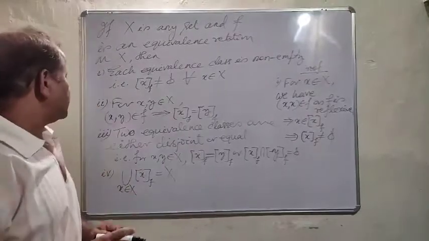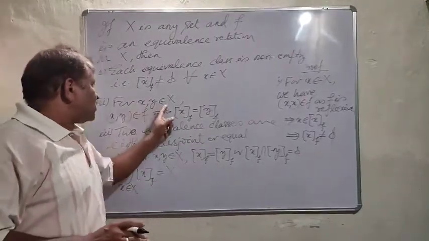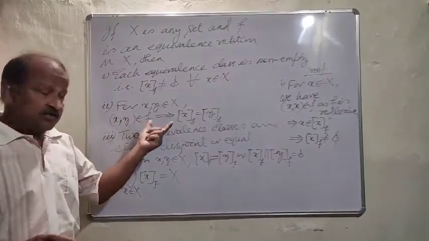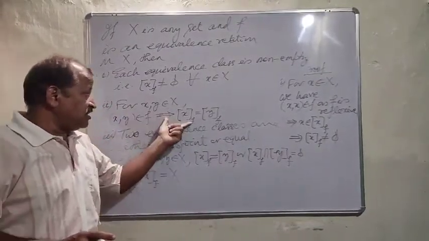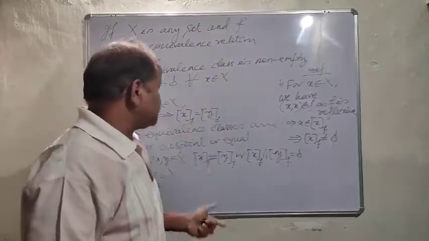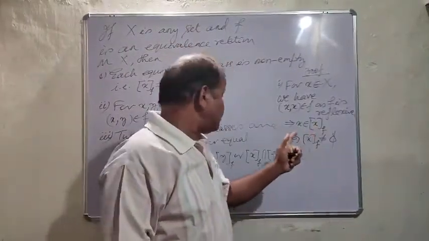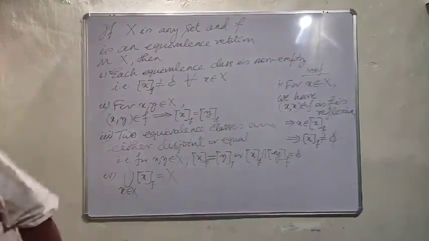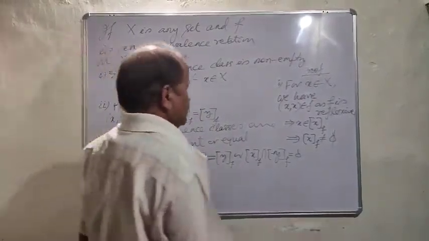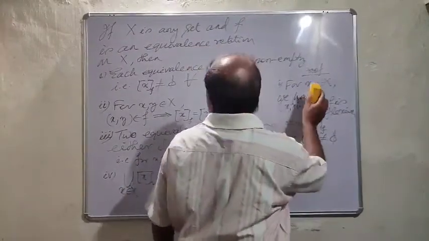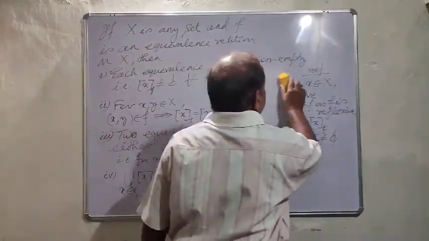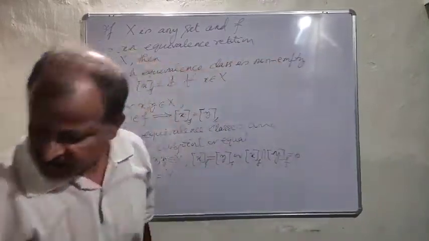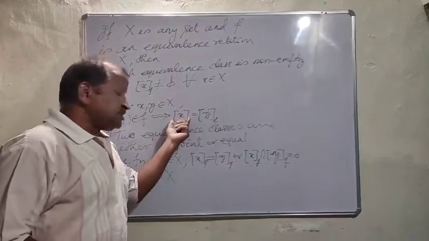Then second, for x, y belongs to X, if x is related to y, then equivalence class of x must be equal to equivalence class of y. Let us see how we will prove it. This is a set.